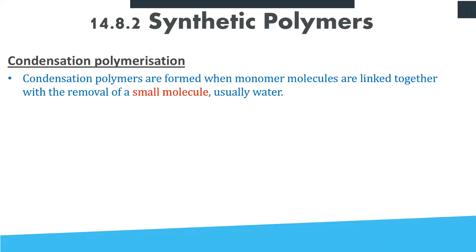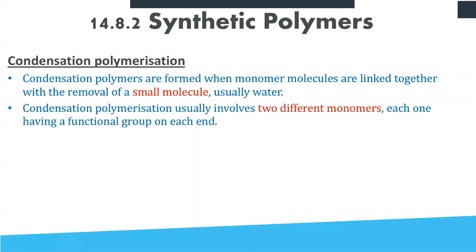Sorry about that. Condensation polymers are formed when monomer molecules are linked together to form a larger molecule, and there will be an elimination of smaller molecules such as H2O, water. Sometimes it is not only water, sometimes small molecules like HCl or HBr, but usually it's water in most cases.